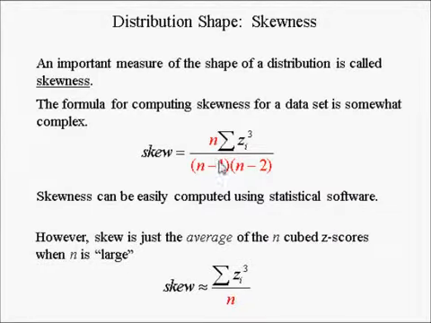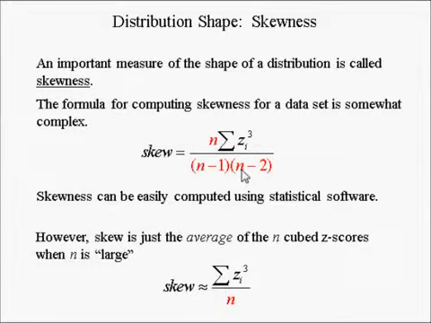So if the sample size is large, say the sample size is 1,000. This value here is 1,000. This value here is 999. This value here is 998. 1,000 is approximately equal to 999, so these two numbers here approximately equal 1.